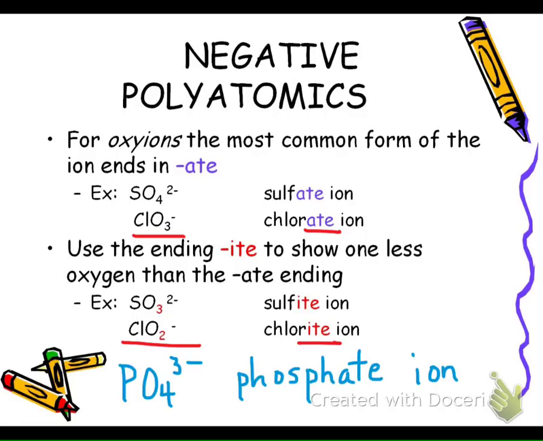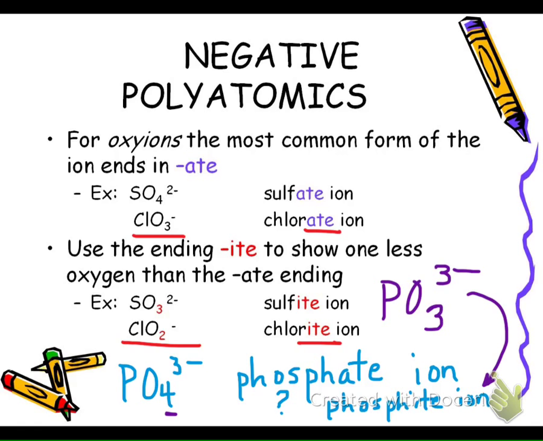So if I told you phosphate was PO4 3-, the phosphate ion, you would be able to tell me that the phosphite ion would have a formula of PO3 3-, one less oxygen than the phosphate form, but the same charge.